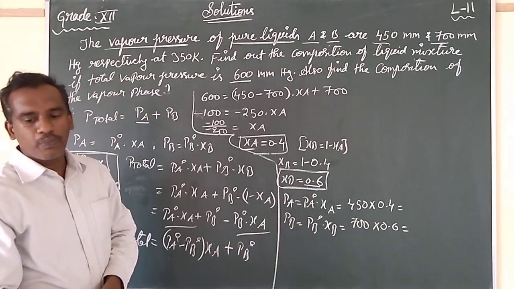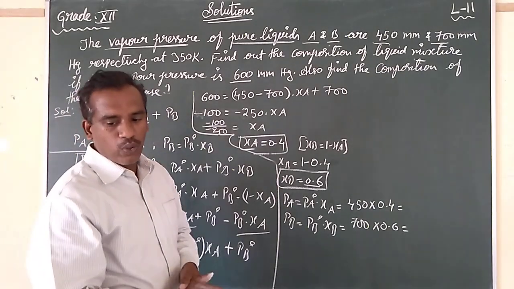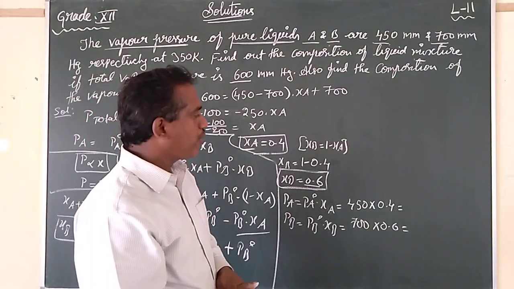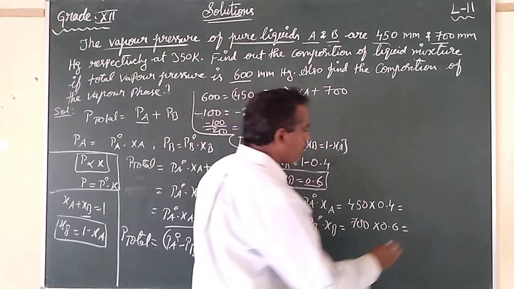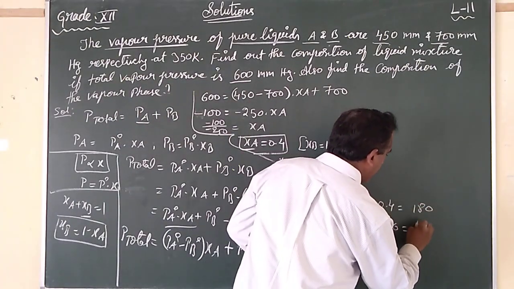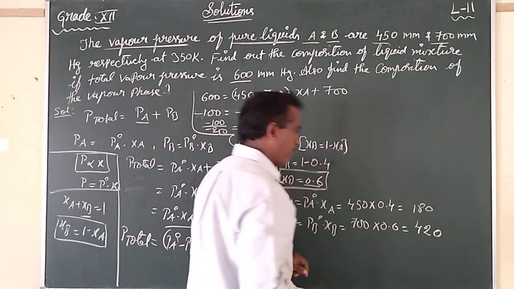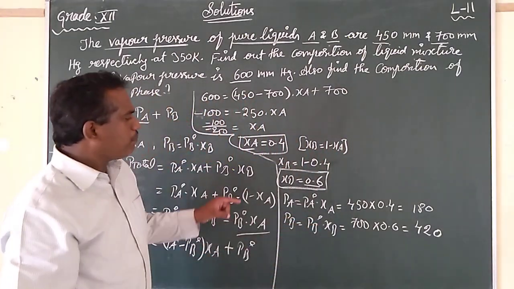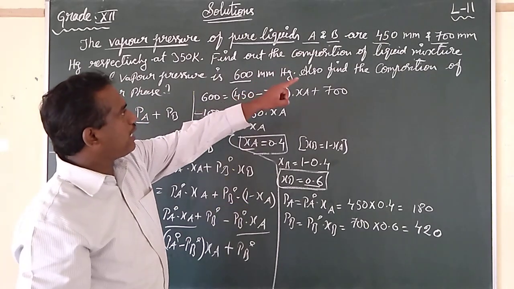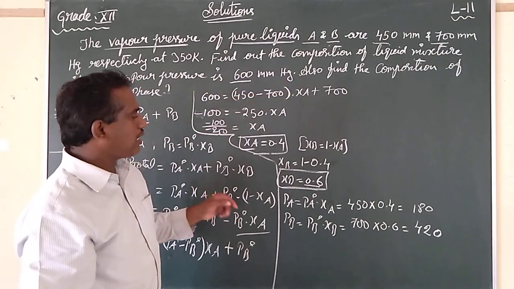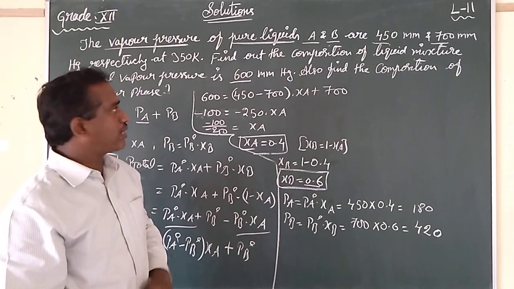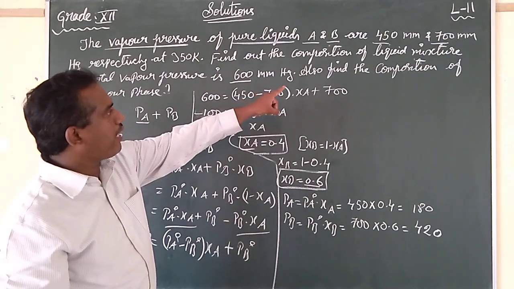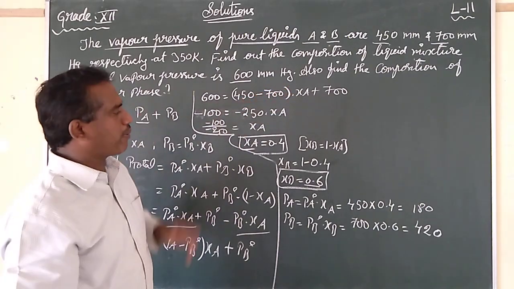Please observe these values. How much are we getting? This is around 180 and this is around 420. So these PA and PB are the compositions of the liquid mixture. But they also ask us to find the composition in the vapor phase.